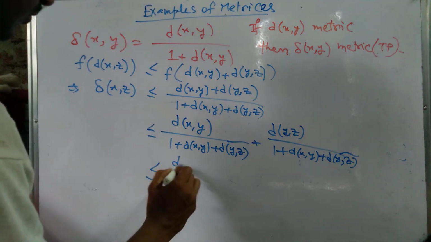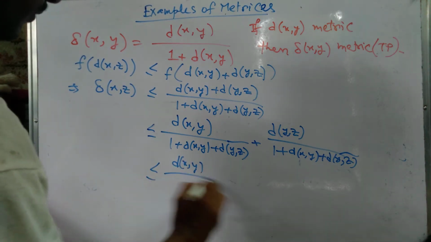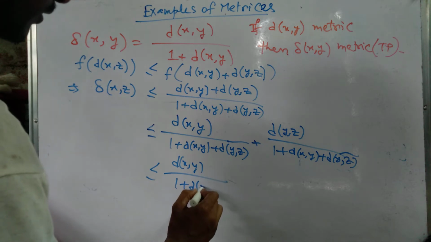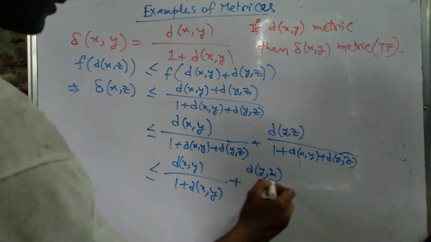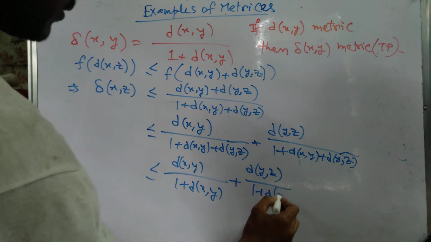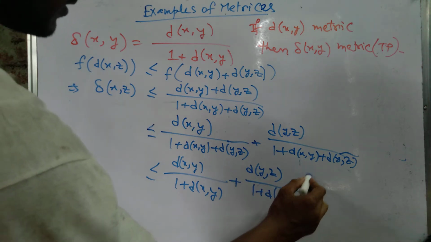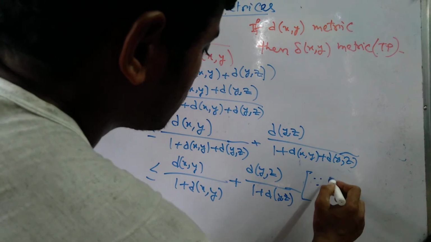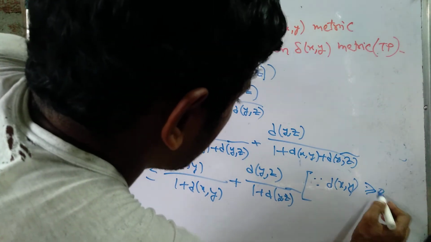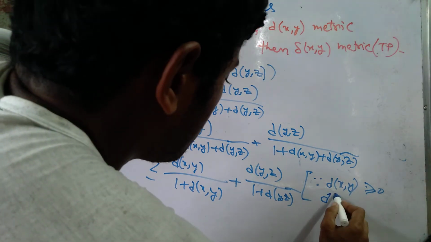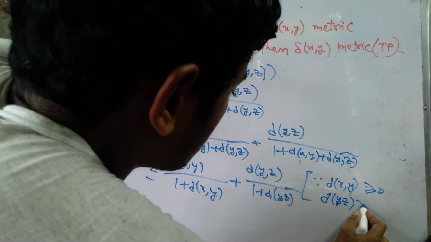This is less than or equal to dxy by 1 plus dxy. Here we write dyz by 1 plus dyz. Because dxy is greater than or equal to 0, and here dyz is greater than or equal to 0.